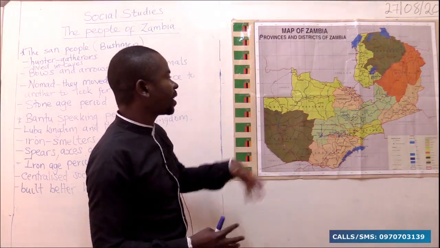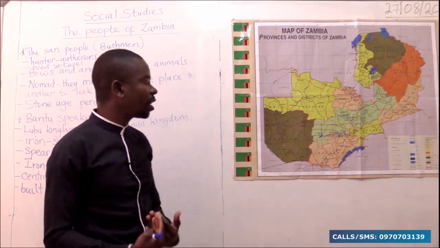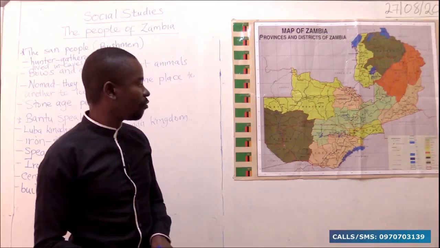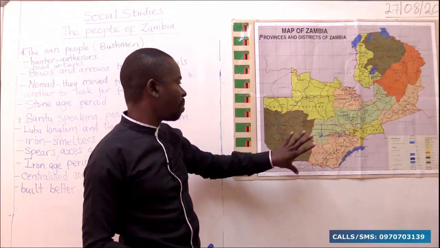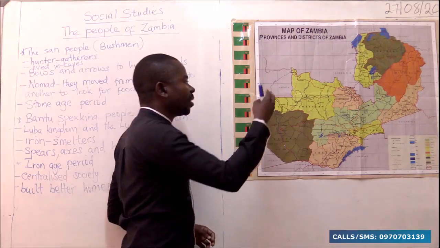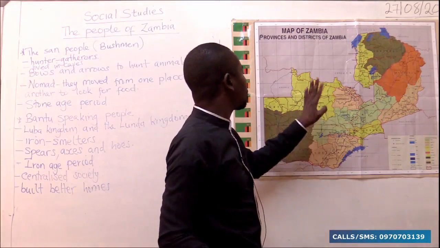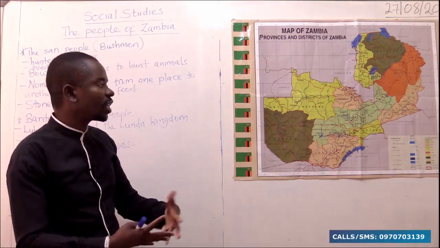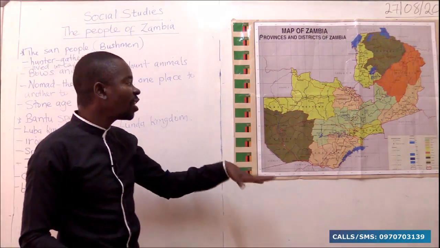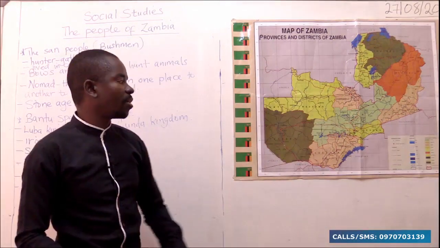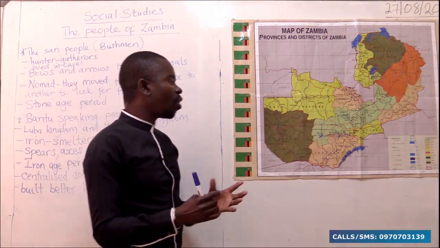We had the Lozi people who settled in Western province, the Luvale people who settled in Northwestern province, and the Kaondes who found themselves in Western and Northwestern province.